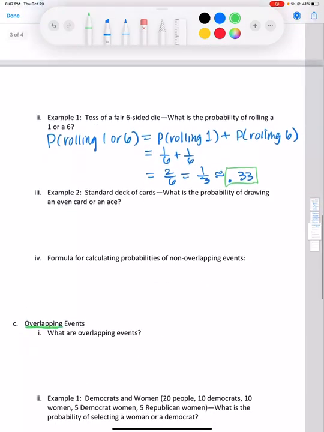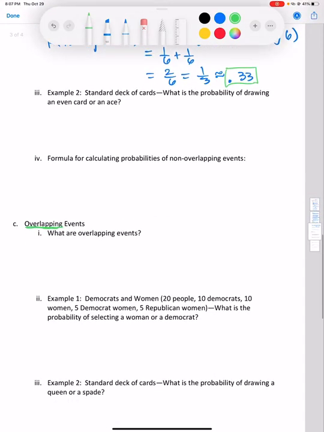Okay, let's take a look at a standard deck of cards. What is the probability of drawing an even card or an ace? Okay, so think about the probability of drawing an even card or an ace.